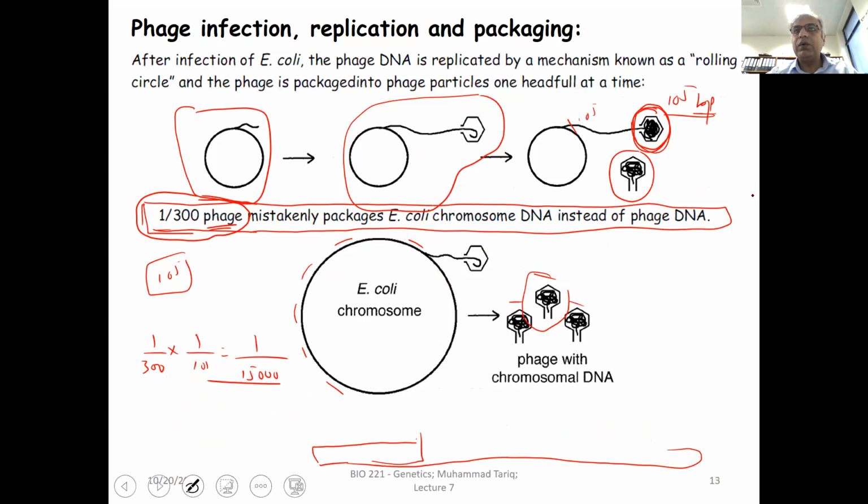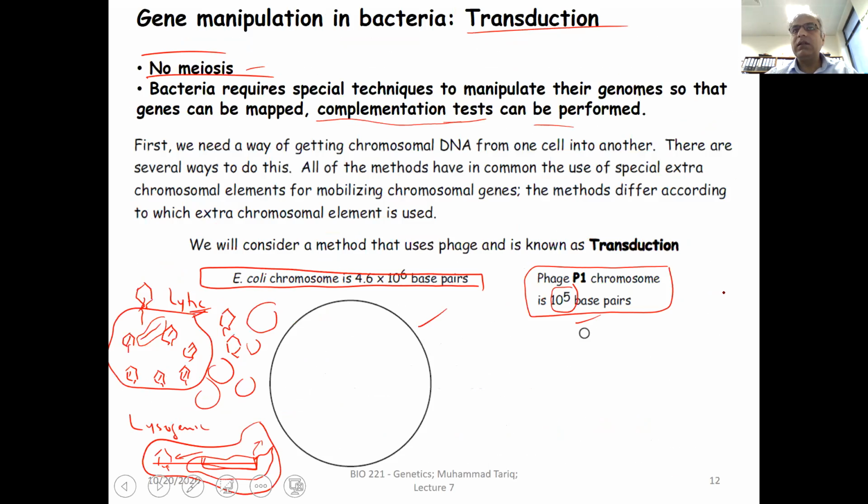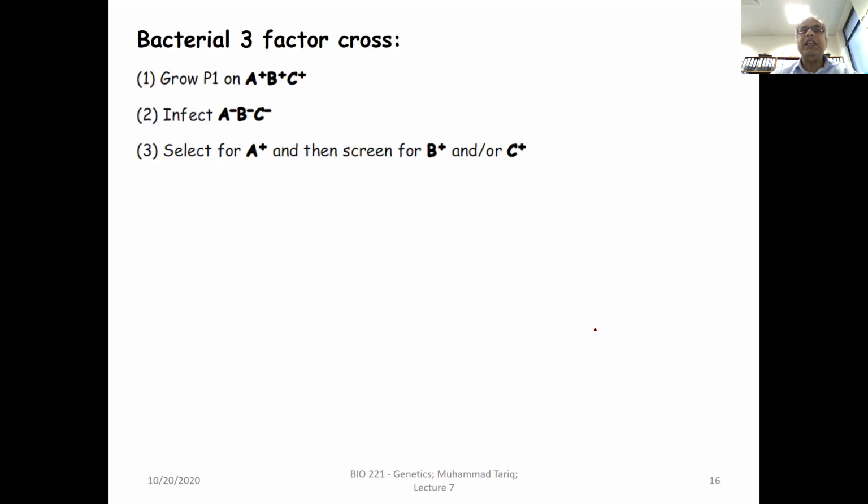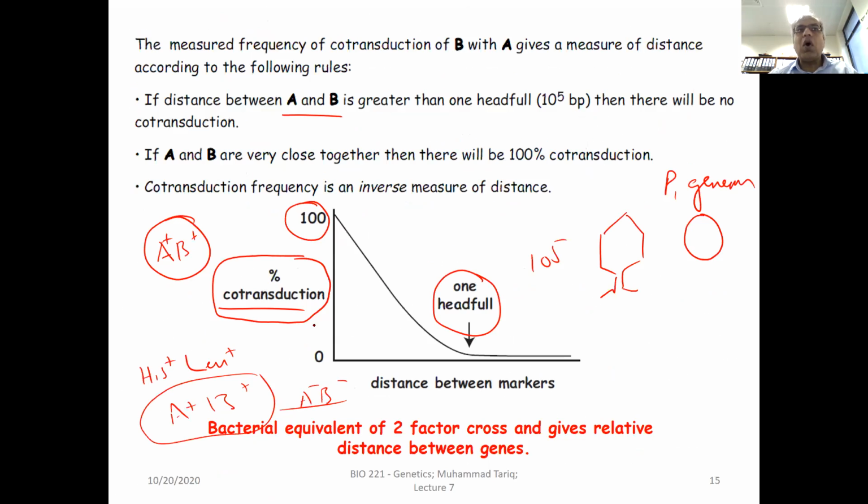I remind you this one: 10 to the power 5 is the size of the phage. So if A and B always co-transduce, it means they are close enough in the genome.